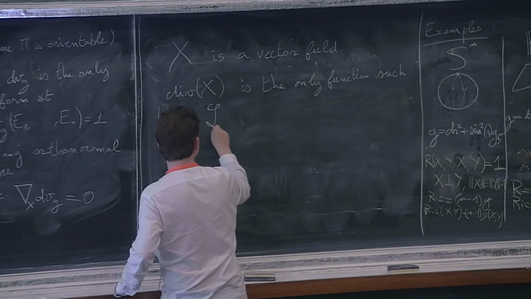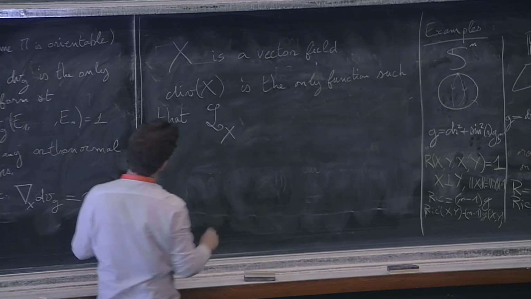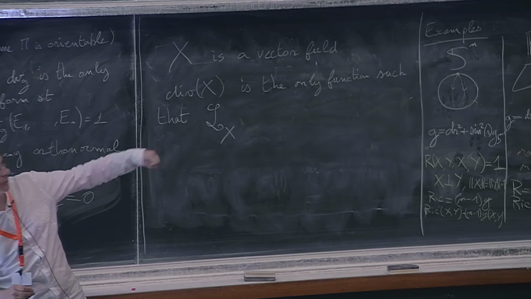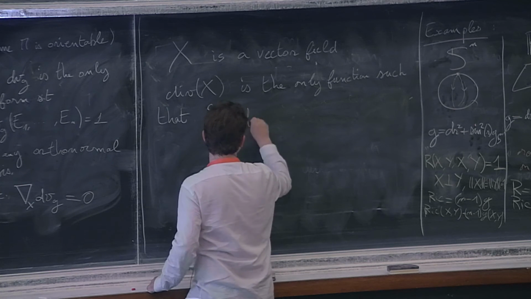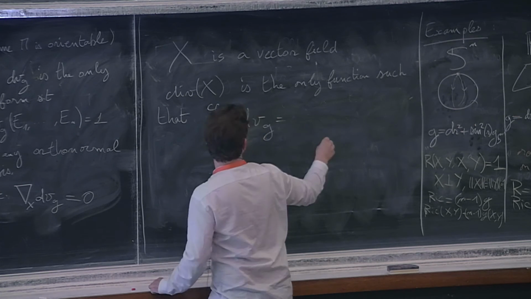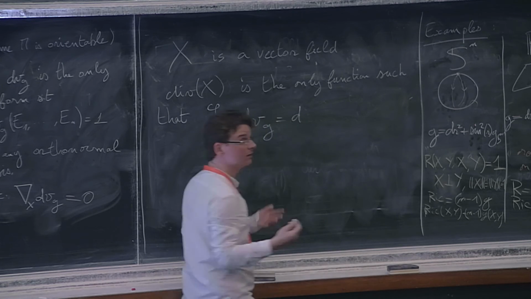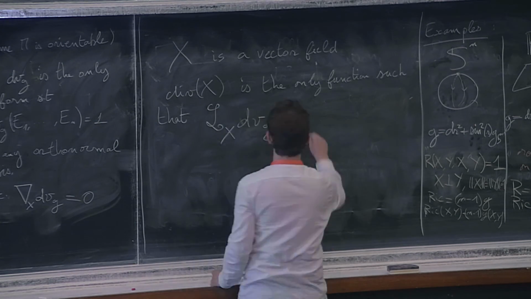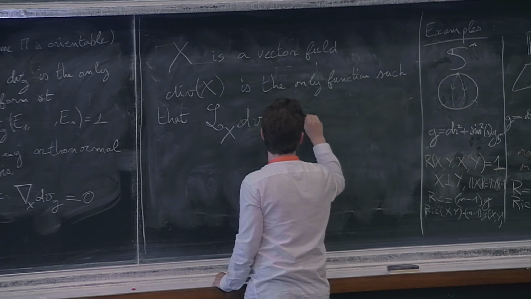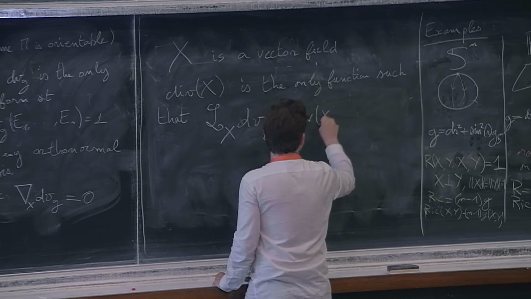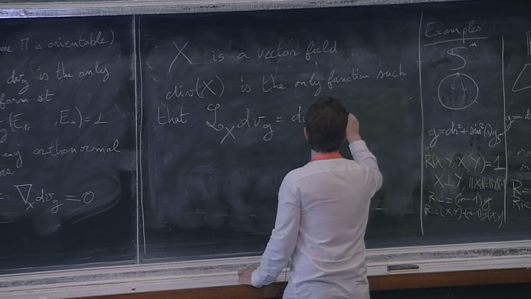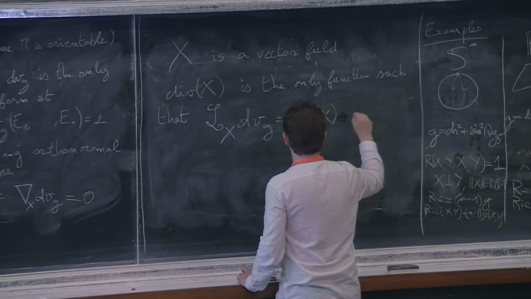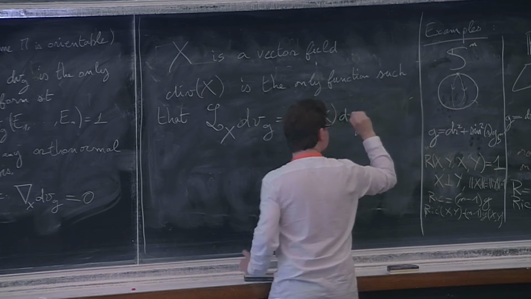I look at my volume form. I push it along the flow lines of X. That will give me a new volume form, so it will be some function times the original volume form. And this function is the divergence of the vector field. So divergence of X times dVg.